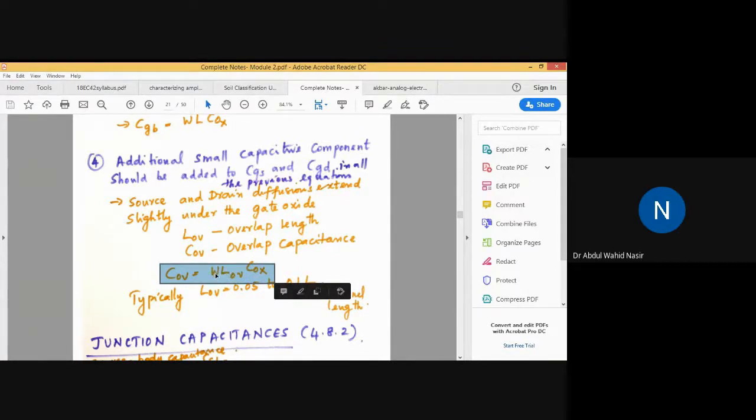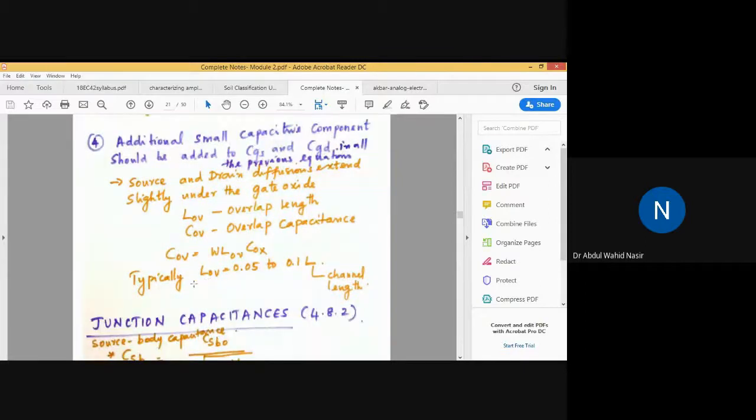W remains the same, but the length of the channel has some overlap component. Due to that, you will have COV. So that COV will be added to CGS and CGD in all the previous relations.